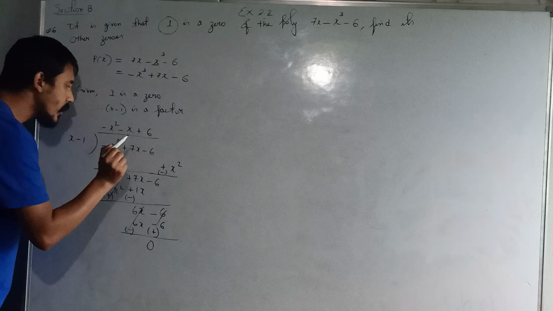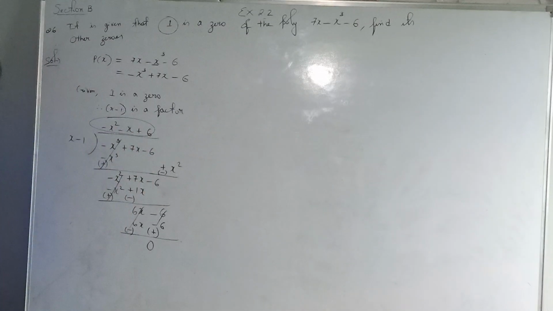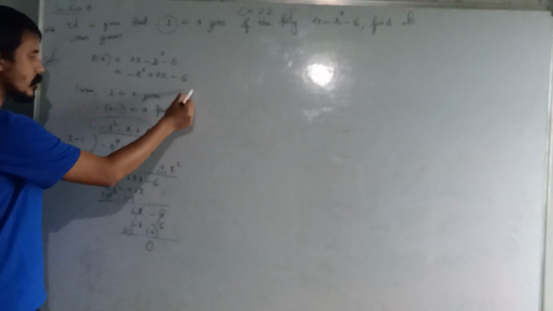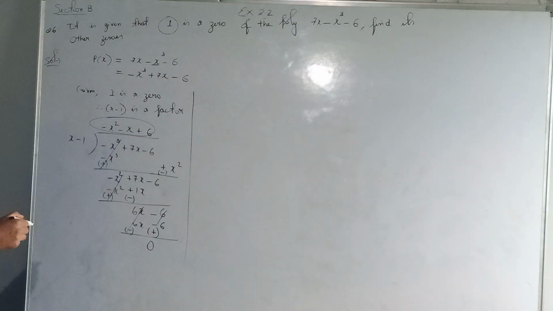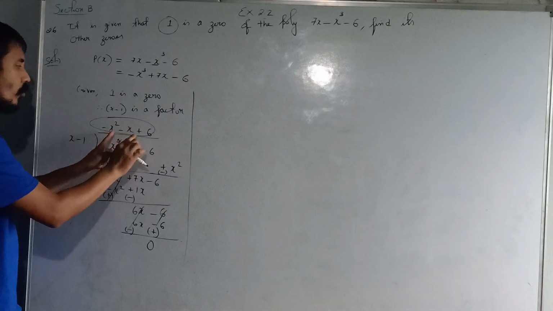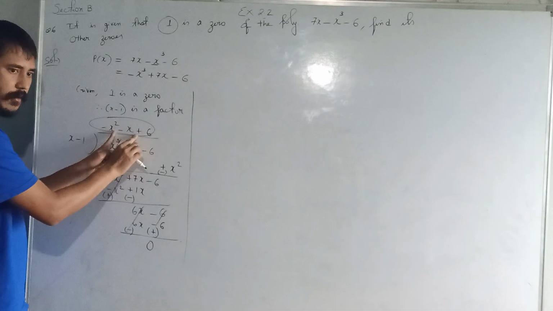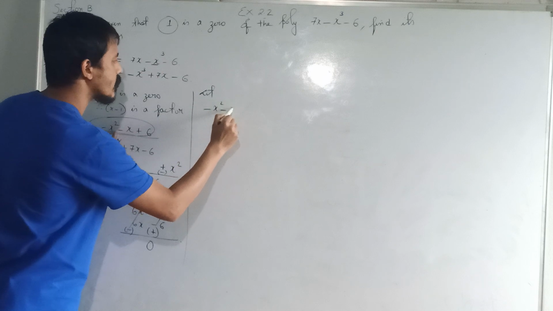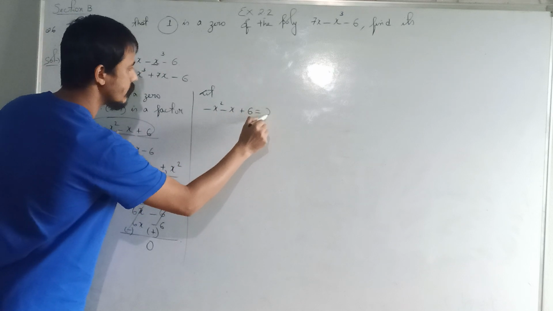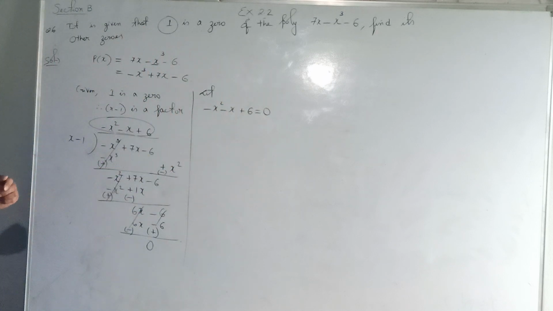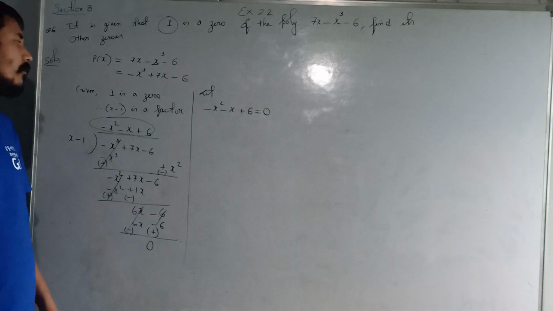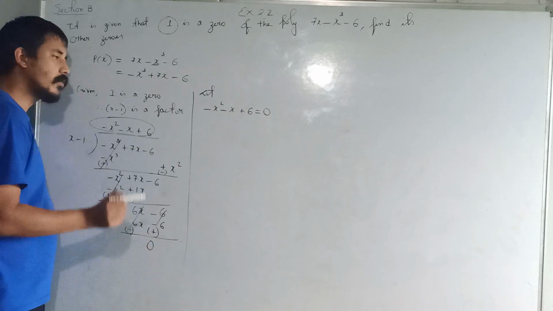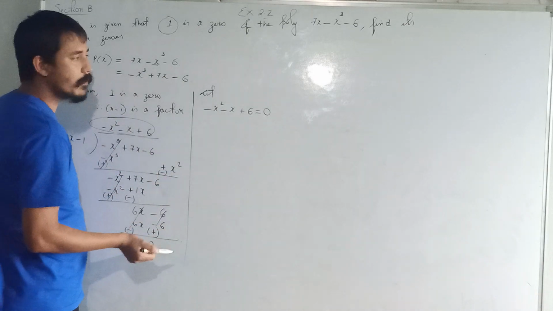So the remaining zeros can be obtained from this quotient, minus x squared minus x plus 6. In order to find the remaining zeros, we equate this polynomial to 0: minus x squared minus x plus 6 is 0. Now this is a quadratic equation. A quadratic equation can be solved by splitting the middle term.